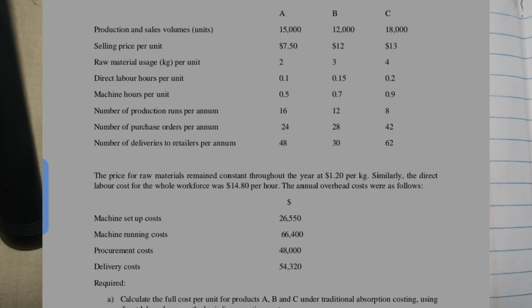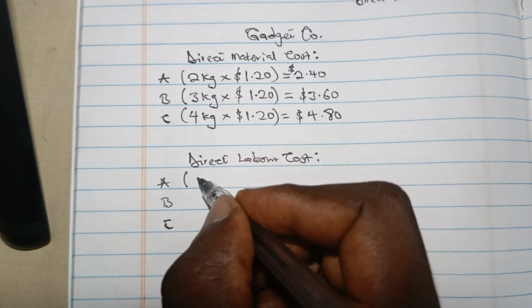In the question, for A it is 0.1, B is 0.15, C is 0.2. And the cost per labor hour, or the wage, is $14.80 per hour.